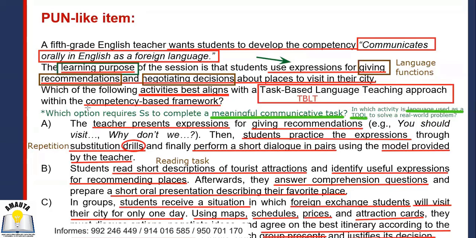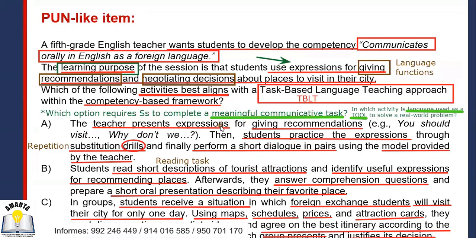In this approach, we use language as a tool to complete tasks, but tasks with a communicative purpose, right? Not tasks that are isolated from each other with no communicative outcome. In which of these activities is English used as a tool to solve a real world problem?